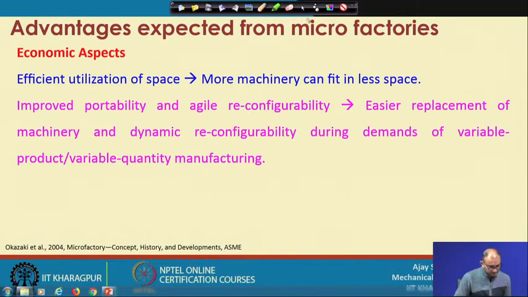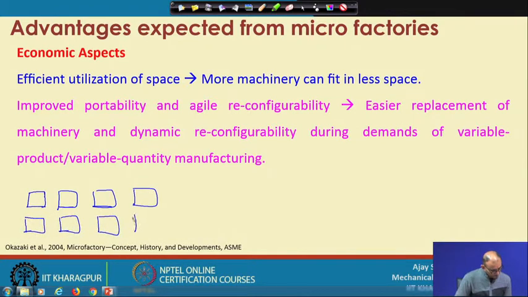Now consider these are placed at different locations. You consider this is a milling machine, this is a lathe, this is a drilling, this is a press, and the same way, but let us change the sequence, because now consider that one product, component 1, is going in this direction.